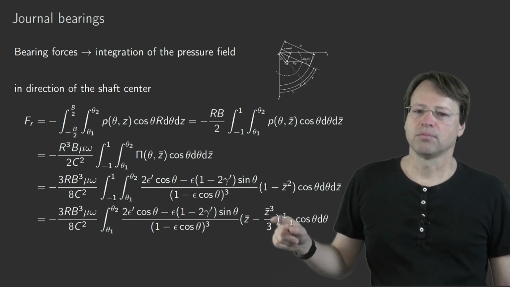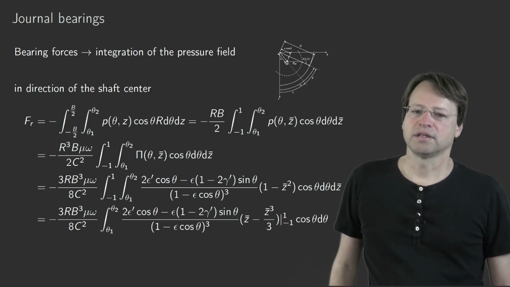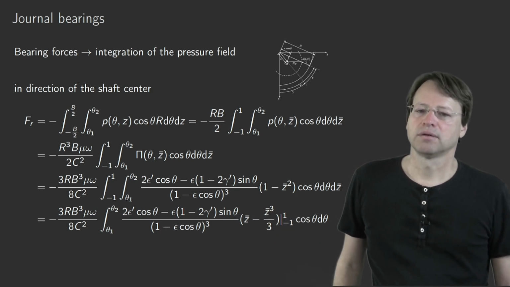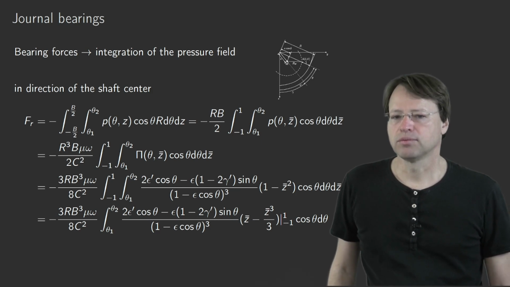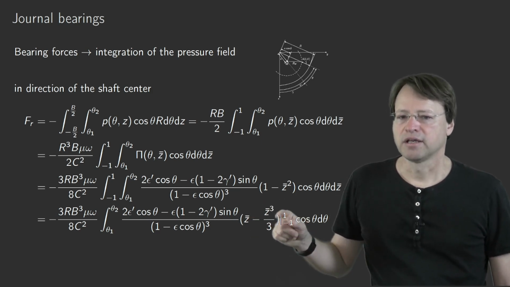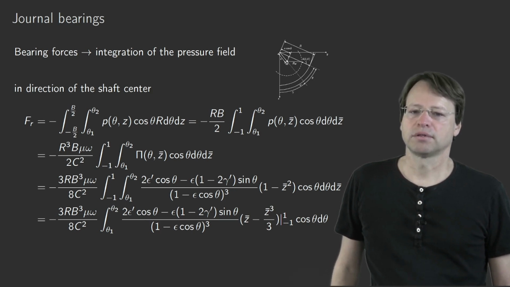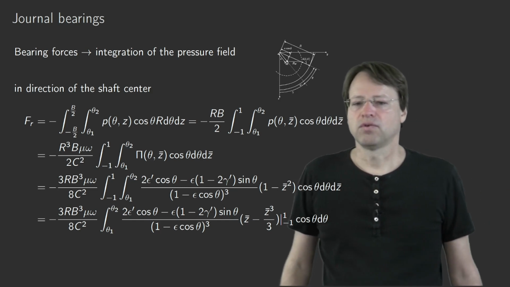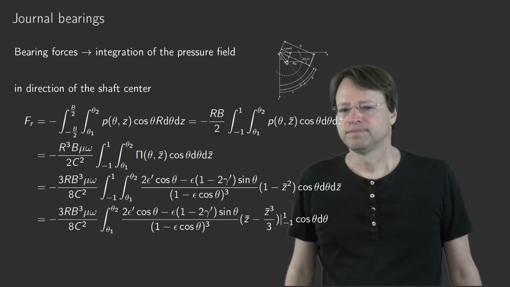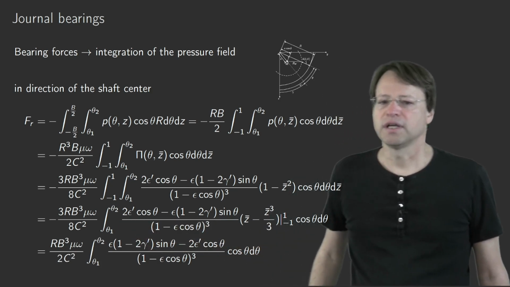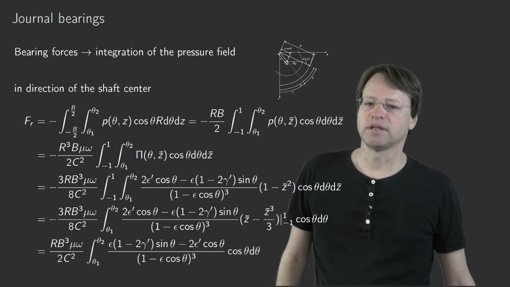If you do the computation, then what you get is 1 minus 1/3, which would be 2/3, and then minus 1 and plus 1/3, and in total you arrive at 4 divided by 3, and so in total what you get is minus 4 divided by 3.